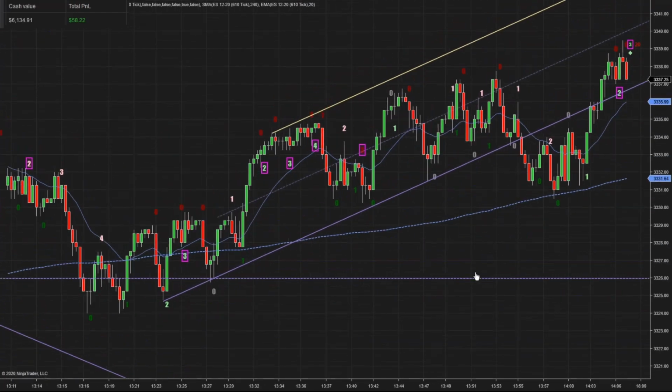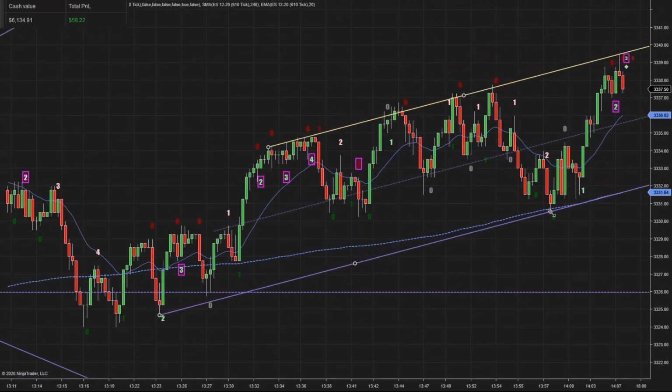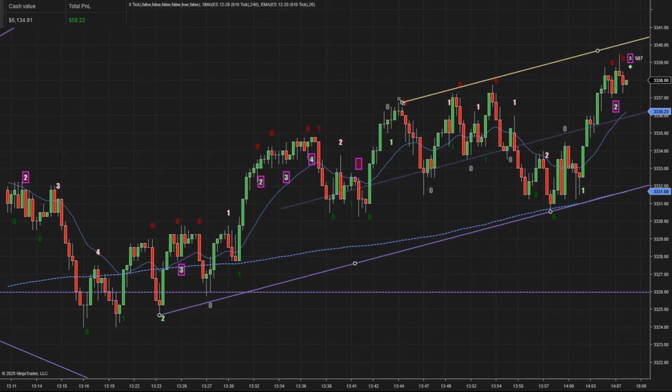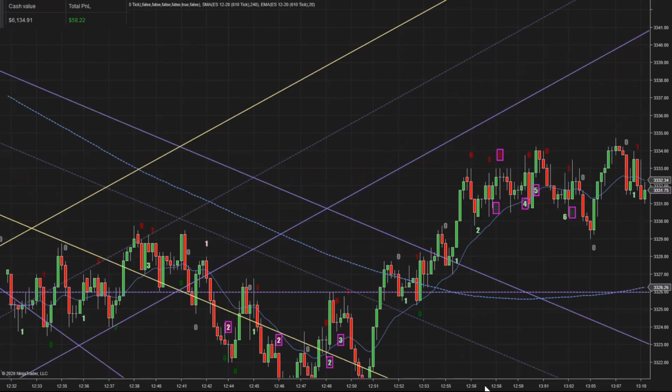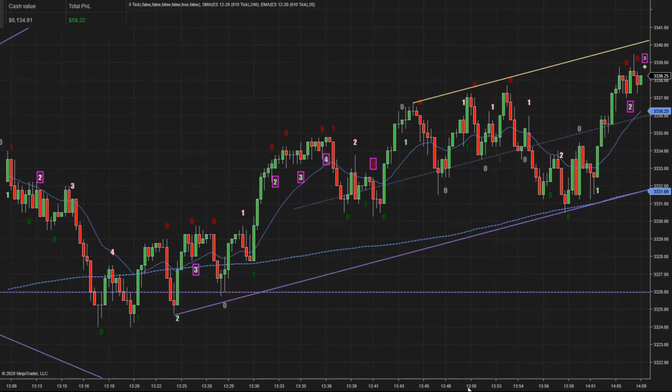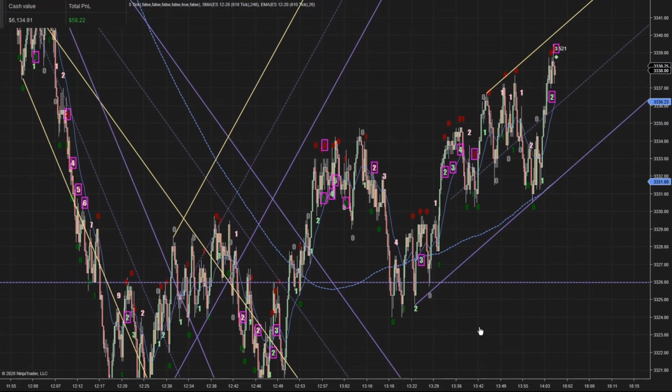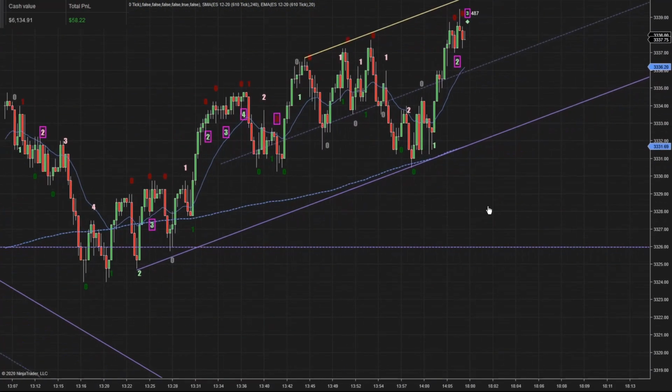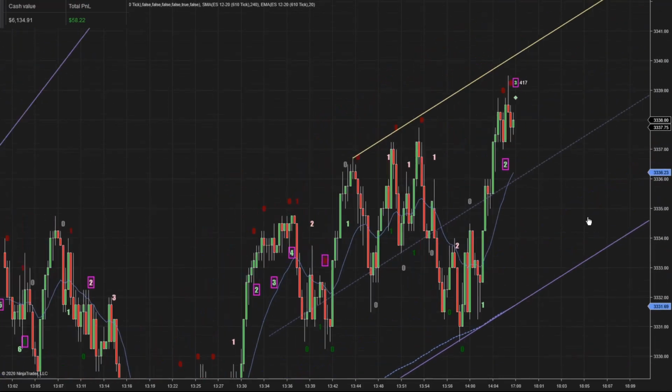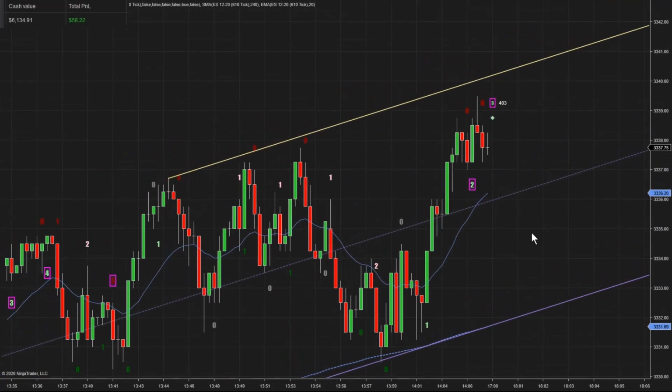610 chart, I'll update it. One more push up from the 610 chart will be a good short.